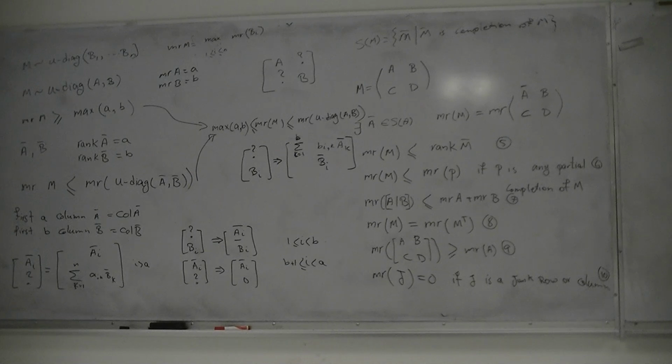Okay, there is some unknown, and we can fill it with this. This is the combination of these rows.